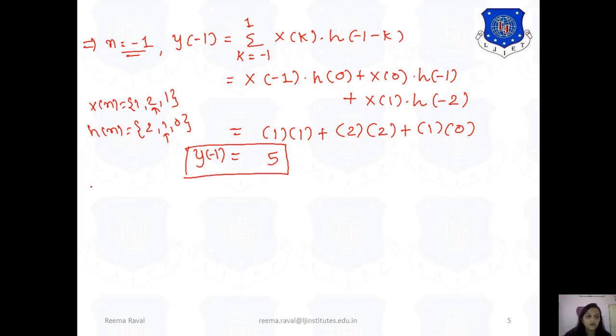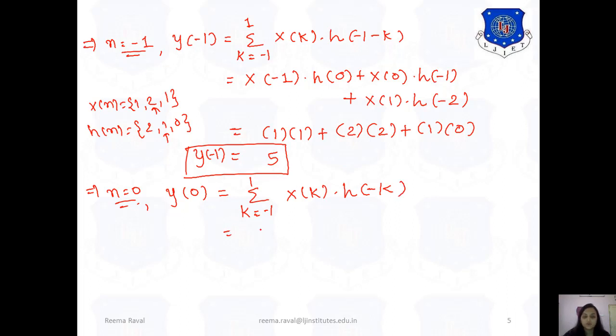Okay. Now n equals to 0. So for n equals to 0, we will get y of 0, that is equals to summation of k equals to minus 1 to 1 x of k into h of 0 minus k, or else you can say minus k, right? So now x of minus 1 into h of minus k, that means minus of minus 1, that is equals to plus 1, plus x of 0 into h of minus 0, also you can say h of 0, plus x of 1 into h of minus 1.